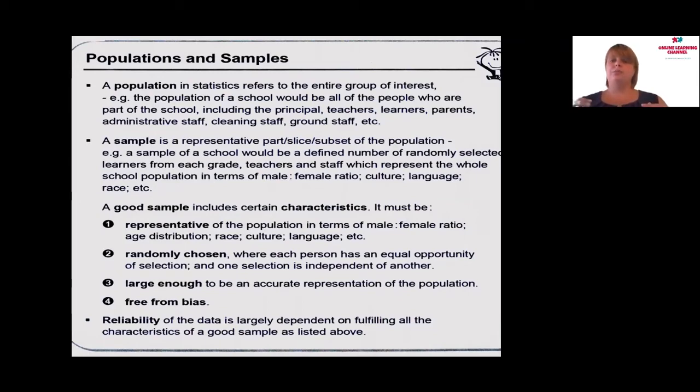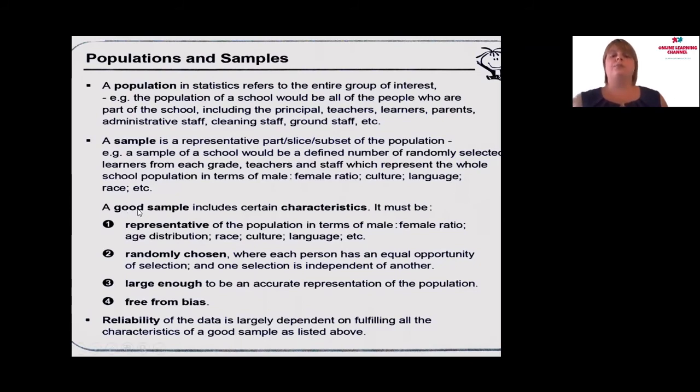The population will be the entire grade 11 mathematics literacy in South Africa, whereas a sample is a representative part or slice, a subset, of the population. So my sample will be, let's say there are 100 mathematics literacy students, I will use 50 of the students. And those 50 students should give me a fair representation of the whole population.